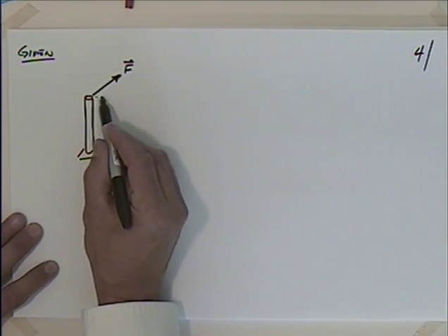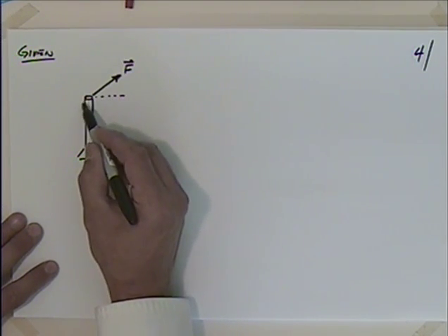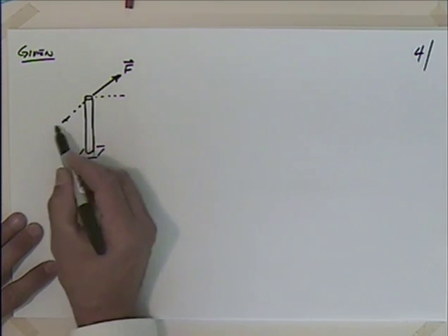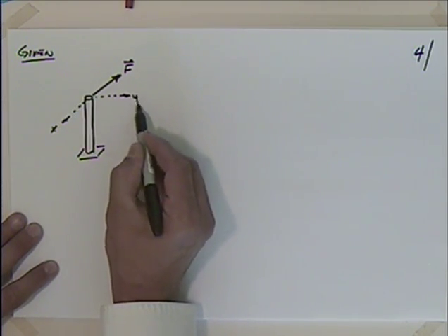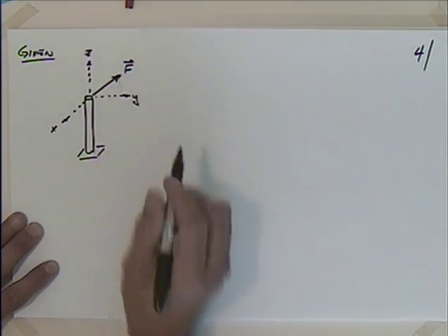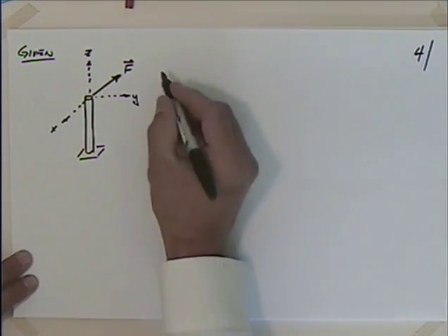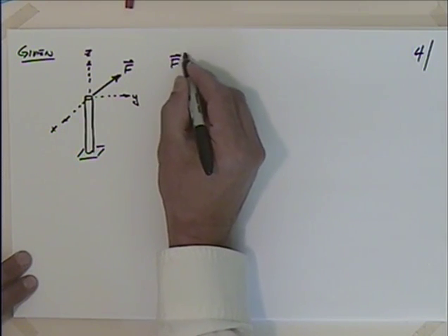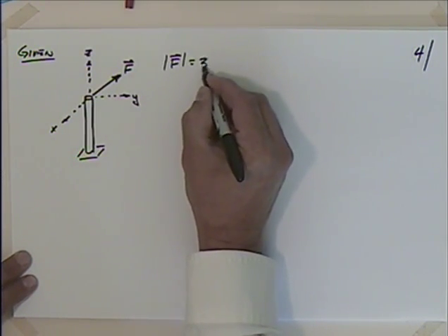And there is an X, that would be X. There's Y. And there is Z, right-hand coordinate system. And we are told that the magnitude of that force is equal to 3 kilonewtons.